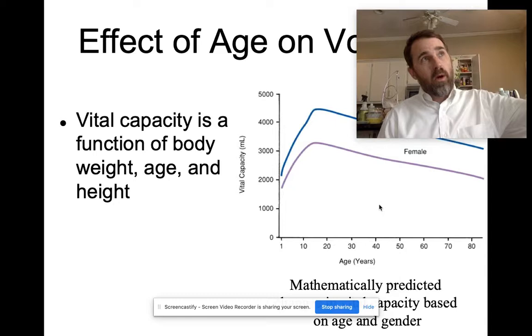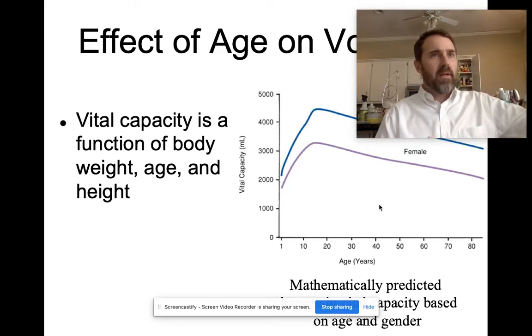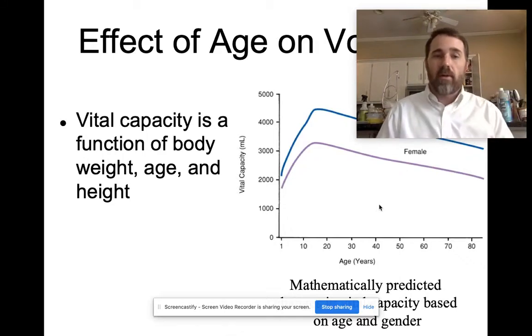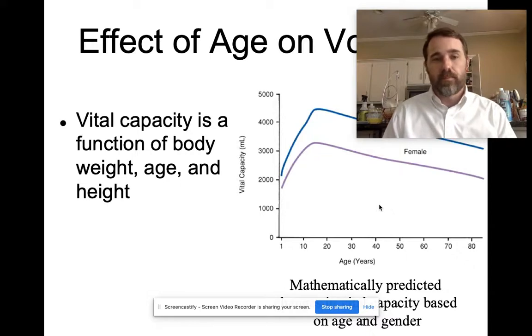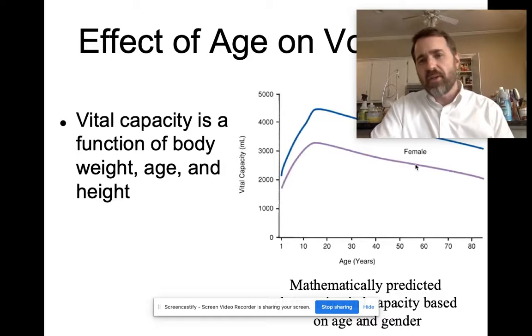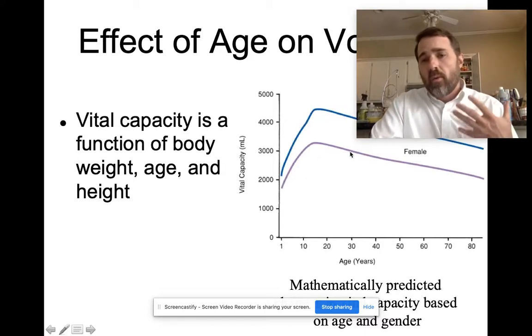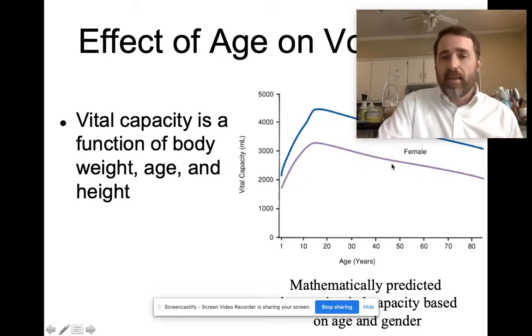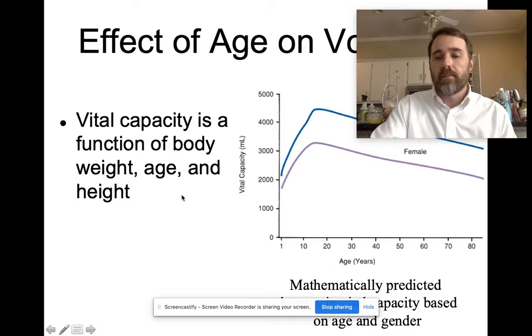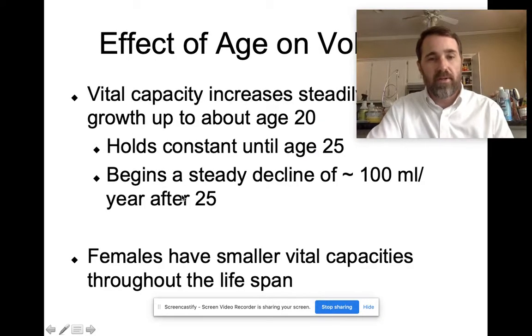The taller you are, the greater your vital capacity. You have much bigger lungs. Tall guys have huge lungs. The shorter you are, the smaller your vital capacity. As you can see here, females tend to have smaller vital capacities than males, and this is just typically because they are physically smaller on average.